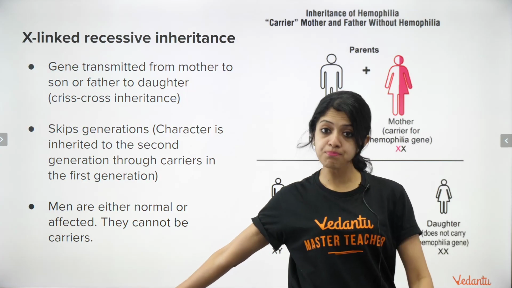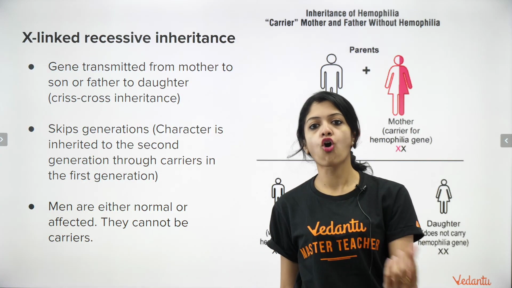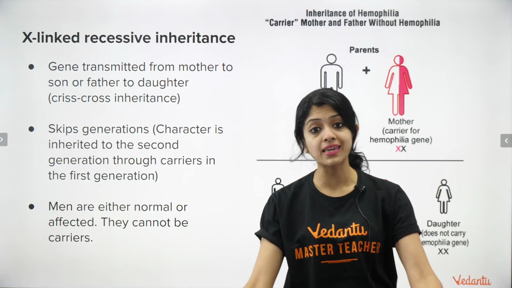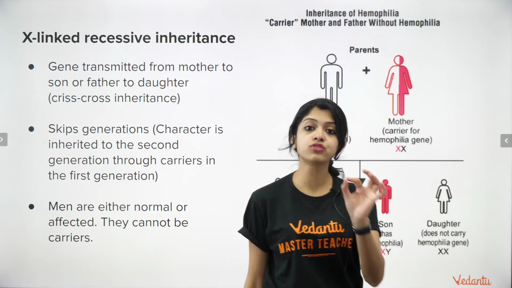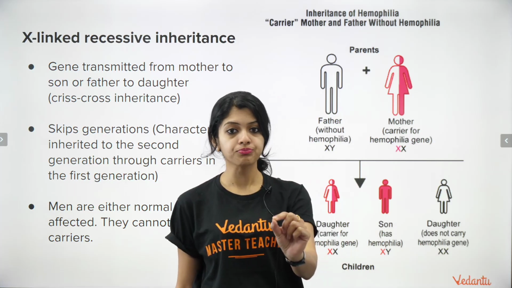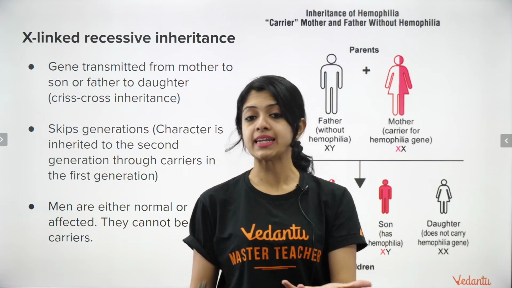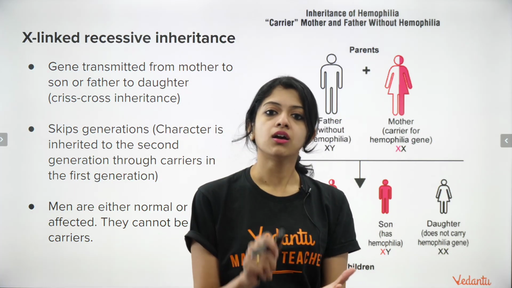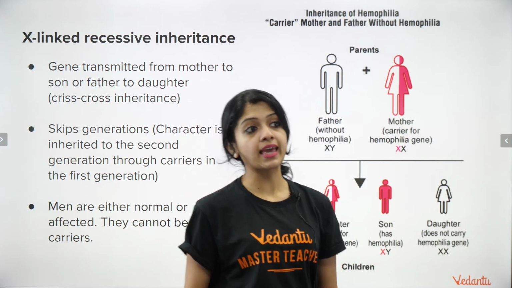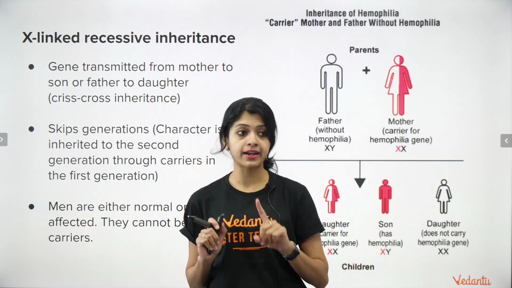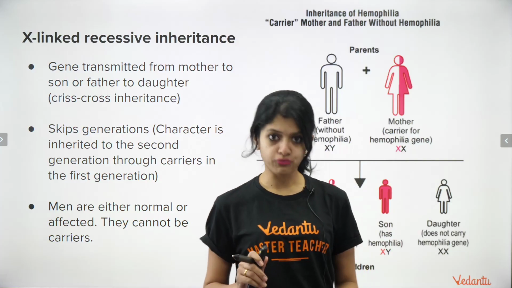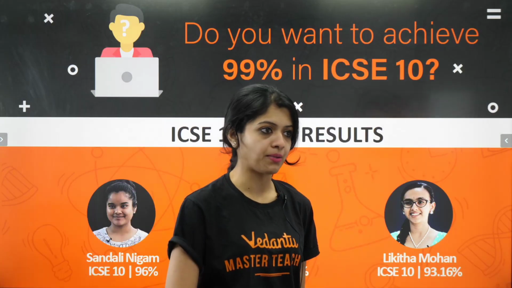And then, very importantly, men are either normal or affected. They cannot be carriers because men have only one X chromosome. Whereas females can be affected, normal or carriers in the case of X-linked recessive inheritance, examples of which are hemophilia and color blindness.